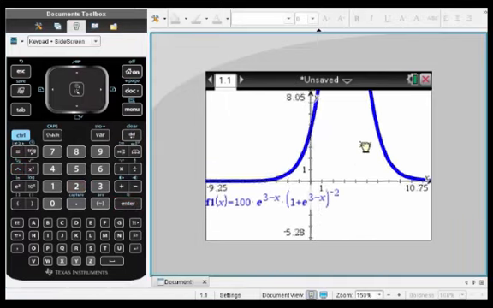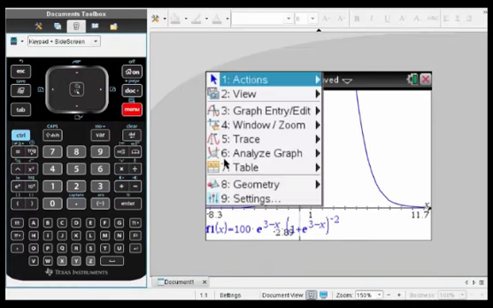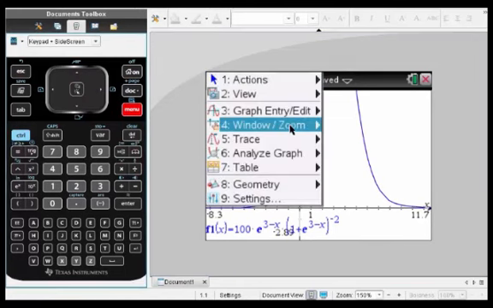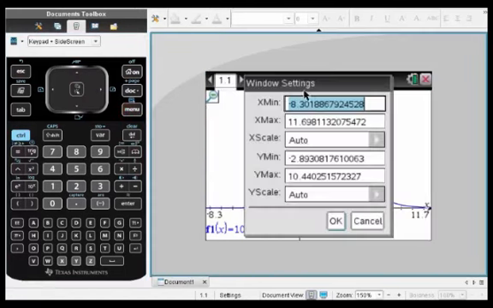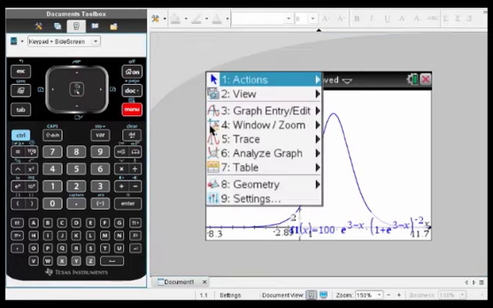So here's your graph, and wow, it goes way up there. So let's change that window. Whoops. And let's see, what if we go out to 30? Perfect. So here's our graph, and what we want to do is find the max value of that.